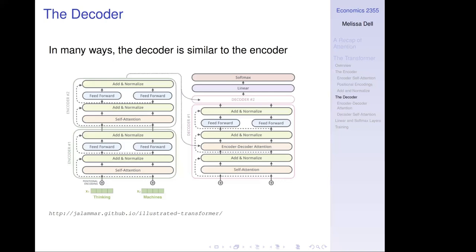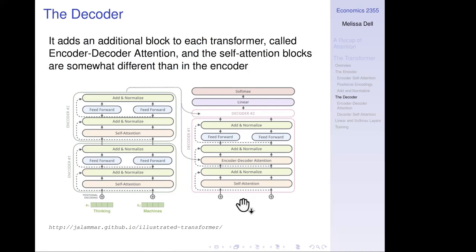In many ways, it's similar to the encoder, but the thing that is different is that you have an additional layer sandwiched into the decoder. In addition to the self-attention block, there's something called the encoder-decoder attention block. That's one difference.